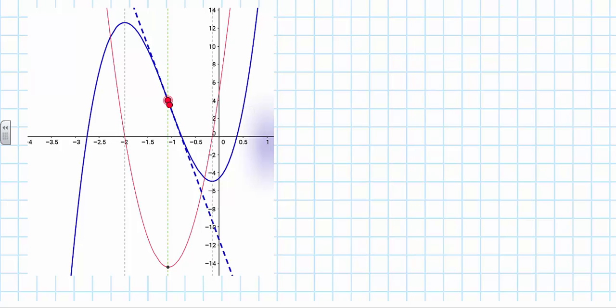So let's make the same statements as we did before. I'm going to divide my graph into 3 sections. Section 1, the magical point section 2, and on the right hand side section 3. In section 1, my second derivative is less than 0.